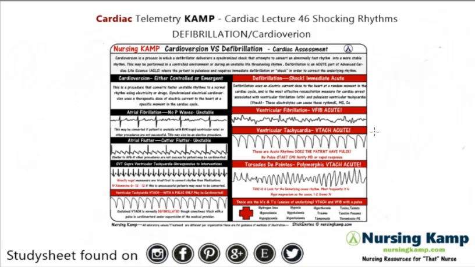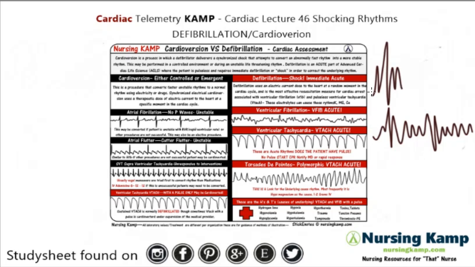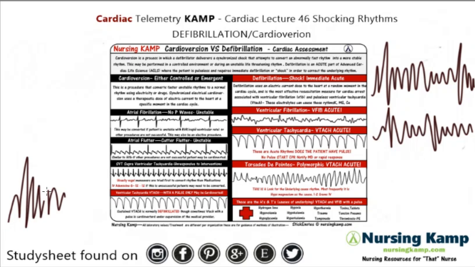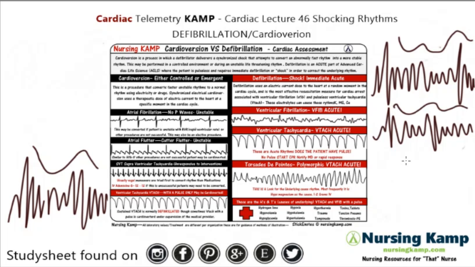All right, the next one is Torsades. And Torsades is called Polymorphic Vtach. And it basically is rhythmic. So you see this kind of rhythm, and that's Polymorphic Vtach.